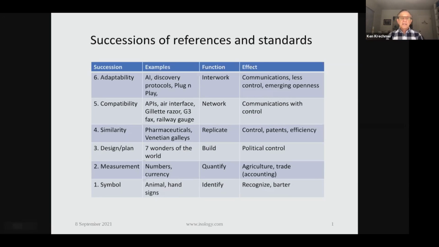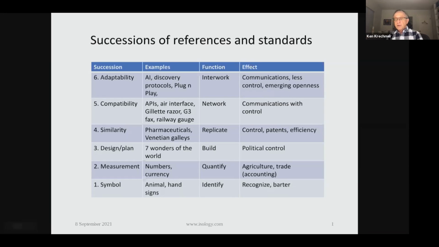Obviously, the standard hasn't yet been written down, but people have recognized how to build teepees, how to build lean-tos, how to build dugouts, how to build even larger ships, which are beginning around this period of time. And then the next succession of standards is similarity.